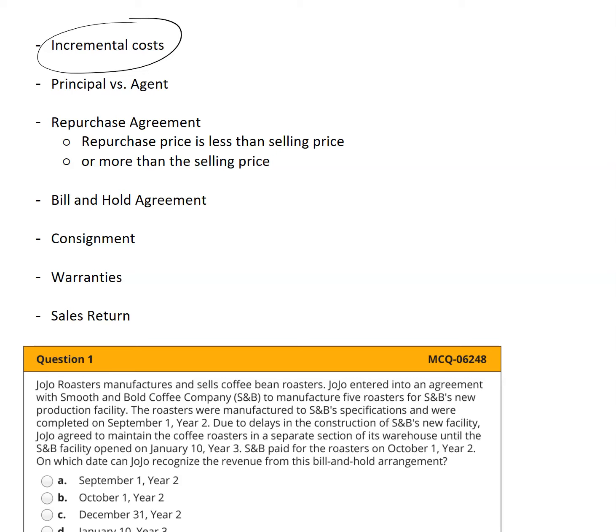You can show any costs that are incurred to fulfill a contract as an asset if those are directly related to the contract, and those generate or enhance the resources of your company, and those are expected to be recovered.